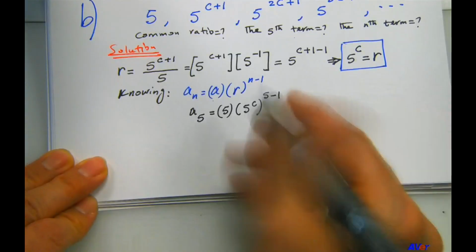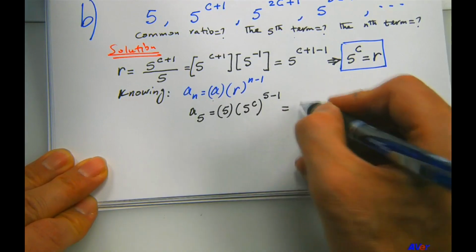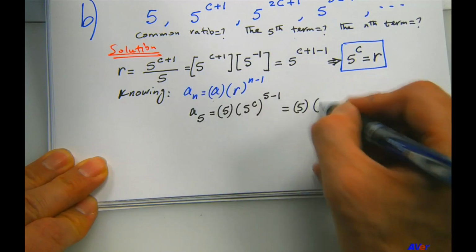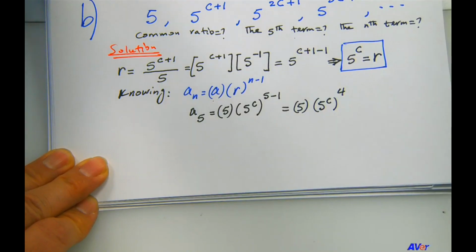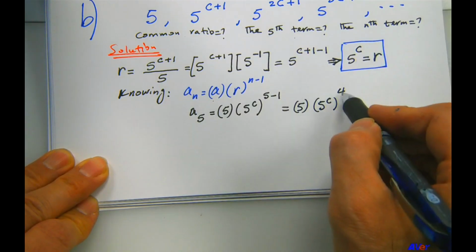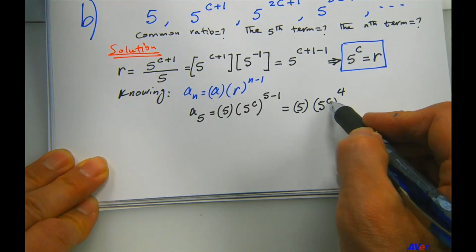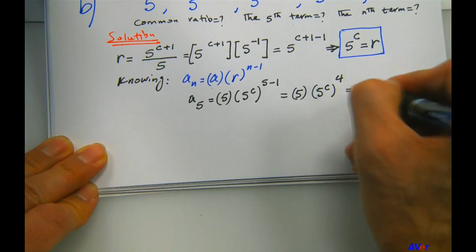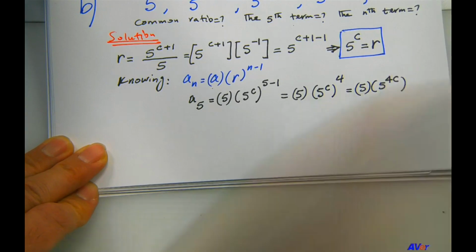So what do we have? We have 5, and then this is 5 to the c power to the fourth power. This is an outside power, so we're going to distribute it to the inside power, which is c. So we will get 5 times 5 to the 4c.